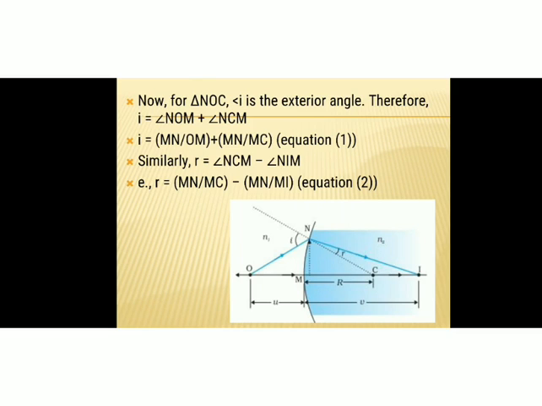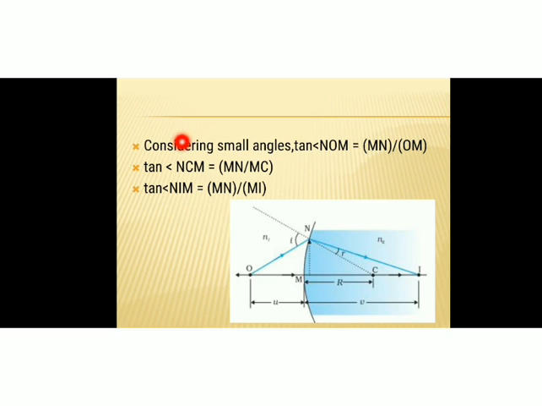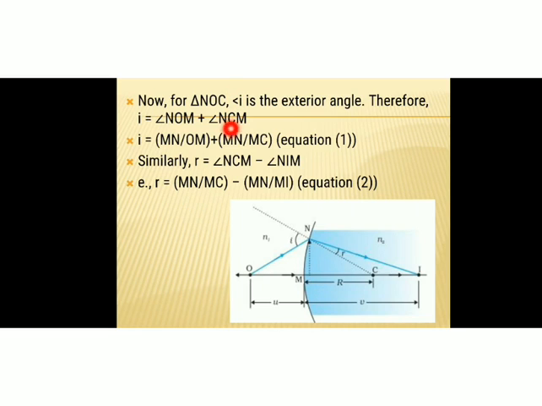So here instead of angle NOM, substitute MN by OM plus angle NCM. What is angle NCM? Again, here angle NCM is equal to MN by MC. So for NCM, substitute MN by MC. So instead of angle NOM, substitute MN by OM, and instead of angle NCM, substitute MN by MC. Let this be our equation 1. So we got an expression for angle of incidence I.